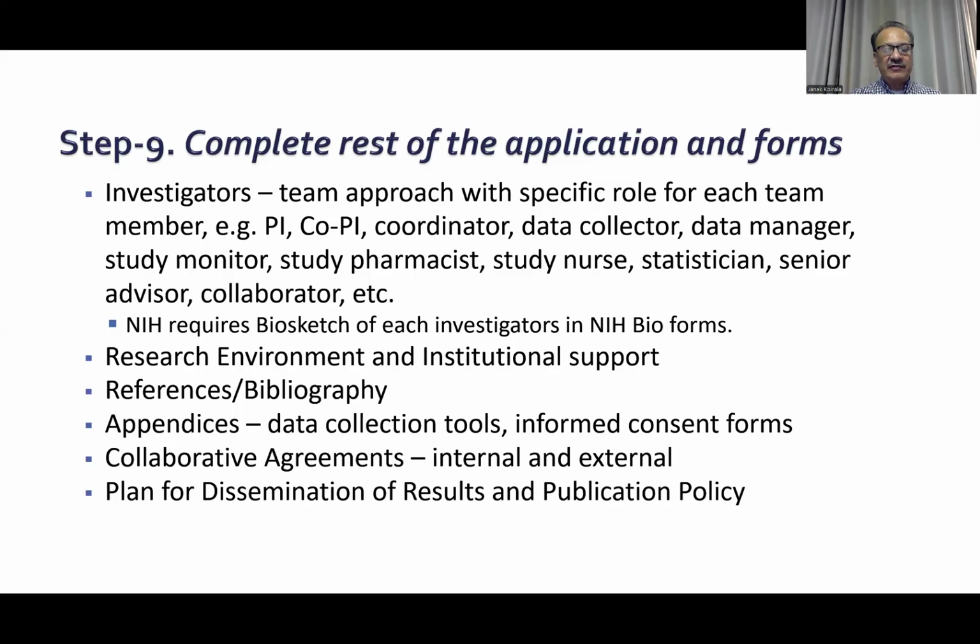References in bibliography, as we talked about earlier. Appendices, which may include various different forms and tools. And a collaborative agreement, if you are going to collaborate within your institution, between different departments or different schools, or between your institution and other institutions. And finally, the plan for dissemination of results and publication should also be mentioned.